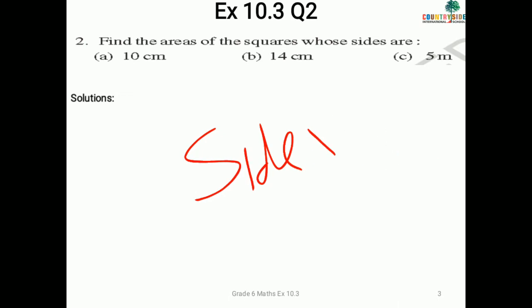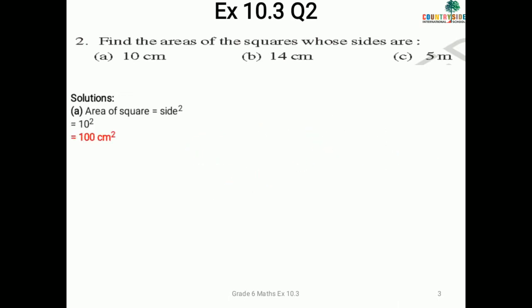So the area will be 10 into 10. The area of a square is side square. So 10 square is 10 into 10, that is 100 centimeter square. In the similar way for B, side square, that is 14 square. 14 square is 196 centimeter square.